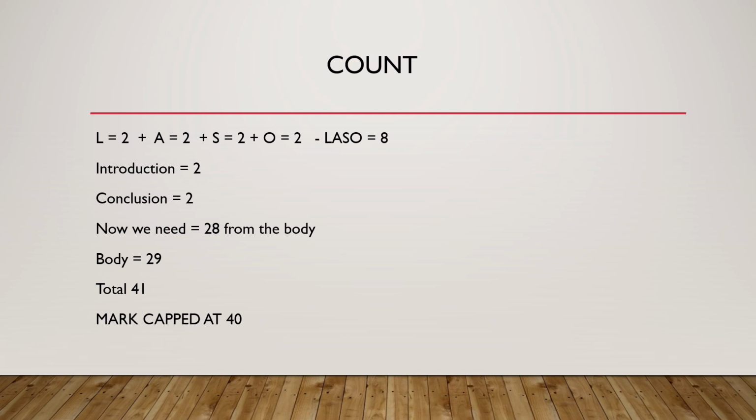You remember when we started, I told you about LASO, which was the L, the A, the S, and the O, and I said it was equal to 8 marks. Now let's look at it. The L is for the layout. You must remember we had the introduction, capital letter underlined, and content underneath it, and we had about 1 to 2 sentences. So that is already 2 marks for having the introduction, the body, and the conclusion with content.